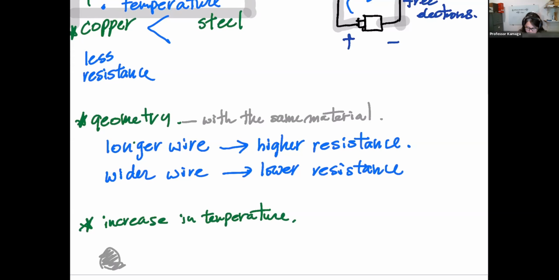If you increase the temperature, they can move around more. So the size of the rock itself might be this much, but if they move around more, that's going to cause more impedance for current flow. So increasing temperature means an increase in resistance.